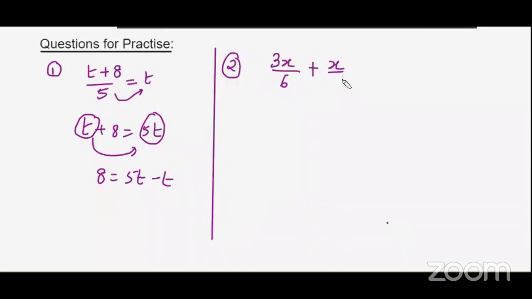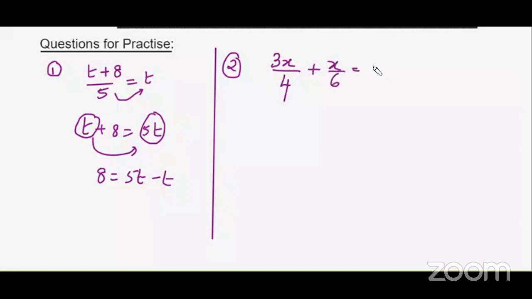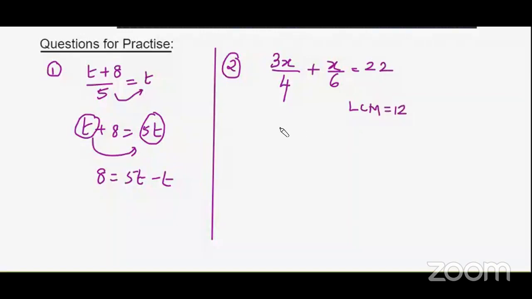Okay, divide by 4. One minute. There is a shift. 4 plus x over 6 equal to 22. What's the LCM? Yes, it's 12. So 3 3s are 9x plus 2x, because 6 times 2 is 12.